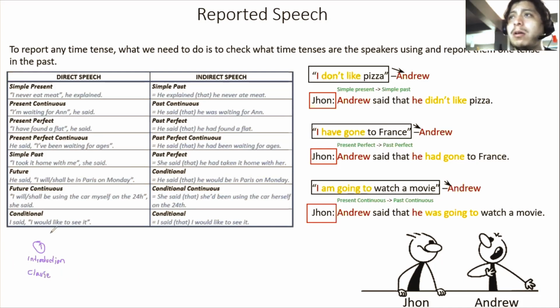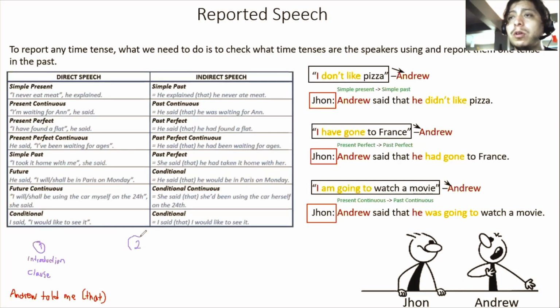In this case, Andrew is the person who was saying, so you can say, Andrew told me that. This is the first part that you need to do. You have different ways to do it. You can use different verbs, different tenses, different people. The thing is, you need to use an introduction clause.